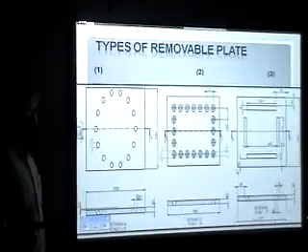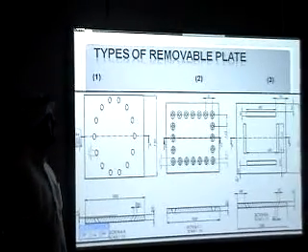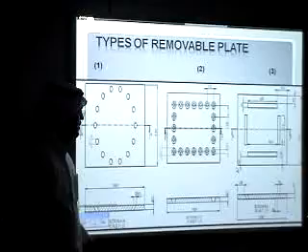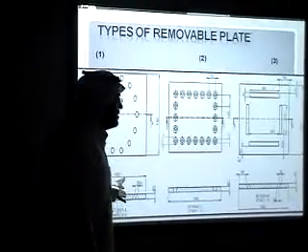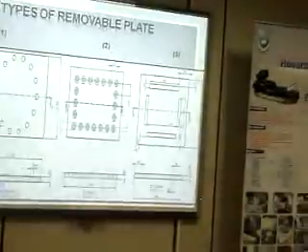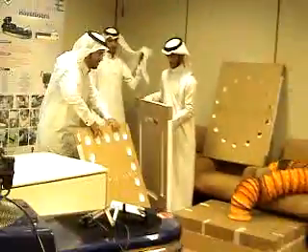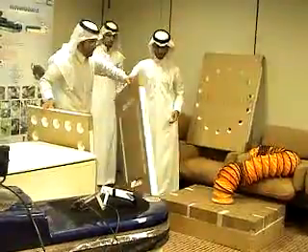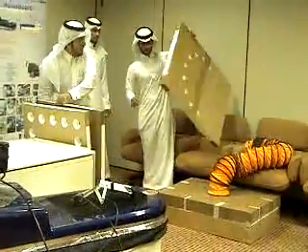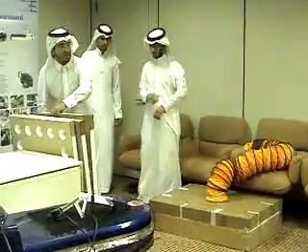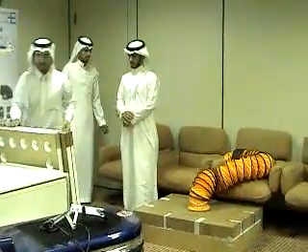And here we have the three removable plates with which we study the effect of impingement holes, and all are converging inside. Here are the three sides of the removable plate. This is the nozzle, and this is the slit, and this is circular, but all of them are directed inward, converging.